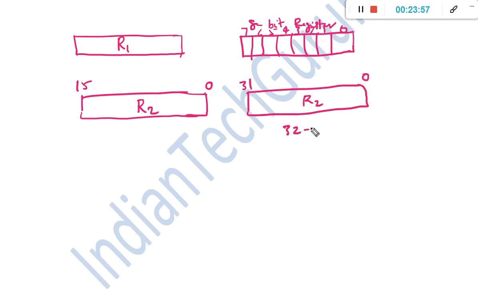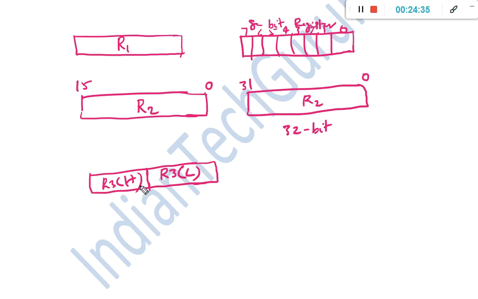It is a 32-bit register. Like this we are going to represent. In addition, sometimes we represent two halves of the register. For example, there is a register R3 of L and R3 of H. R3 of L means R3 of low.